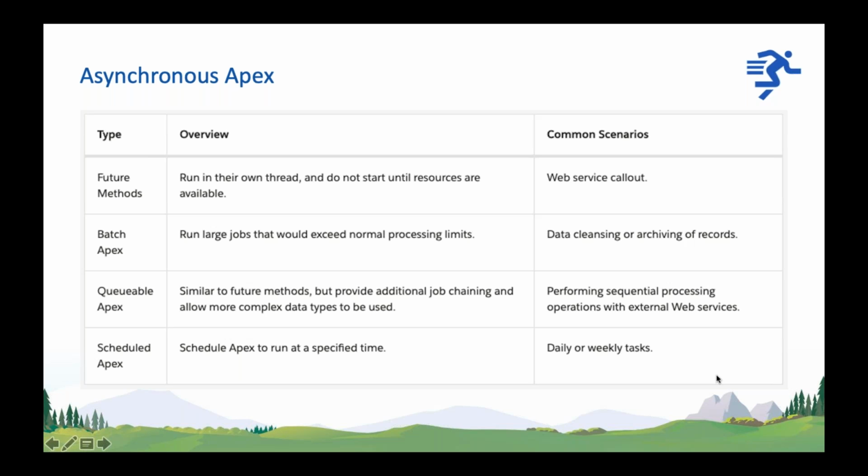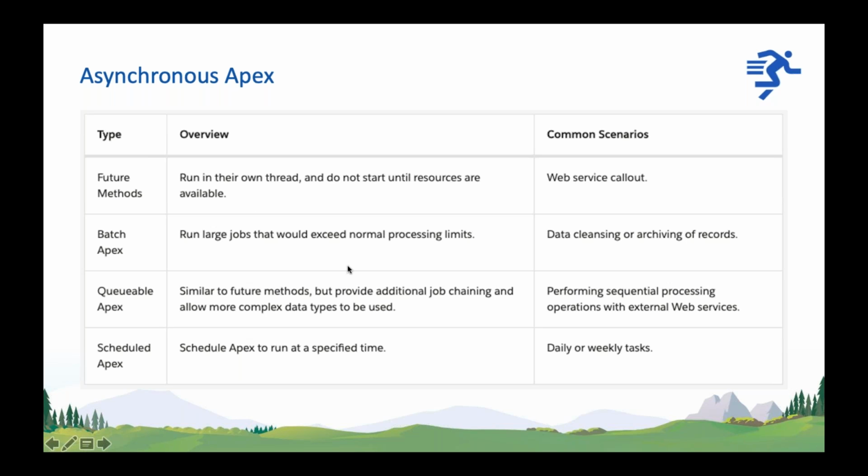If you want to run the task every day, or send an email every day, or update a report every day, all those can be scheduled using schedule Apex. If you remember, we saw schedules in workflows and processes. In the background, those schedules use schedule Apex. So these four are the asynchronous options in Apex.